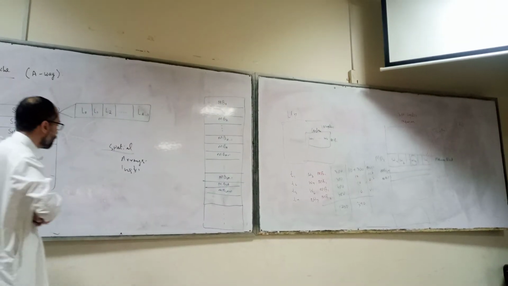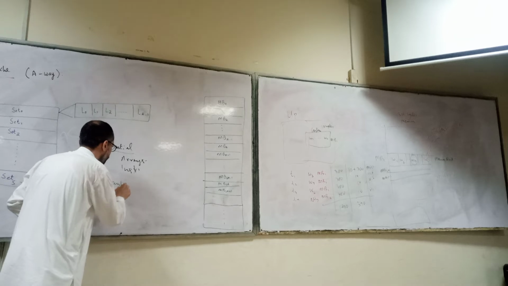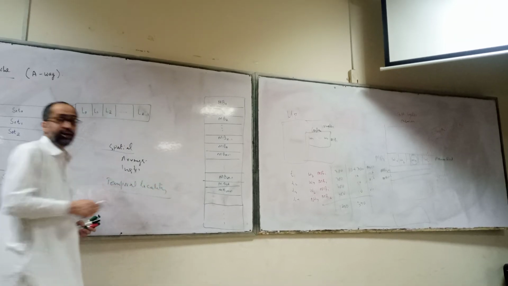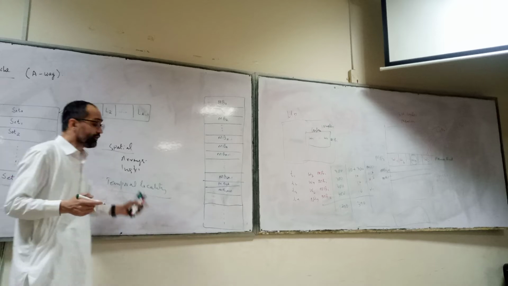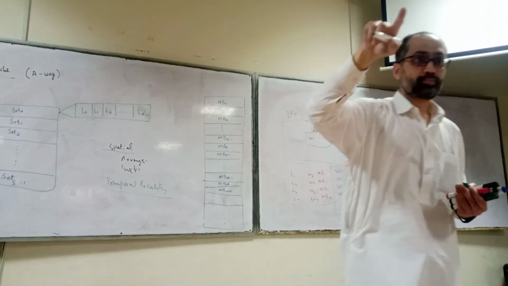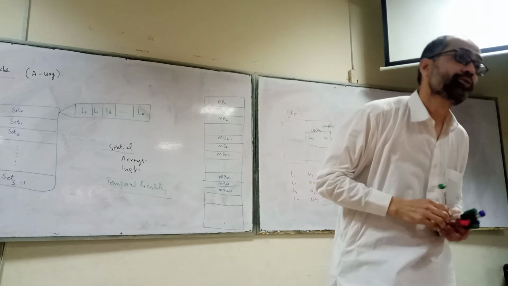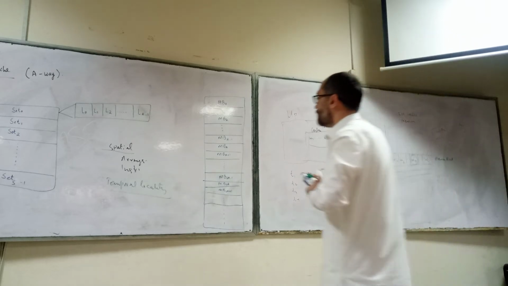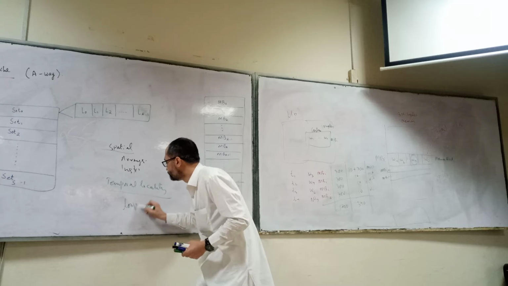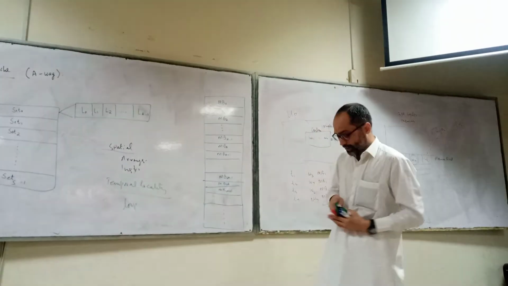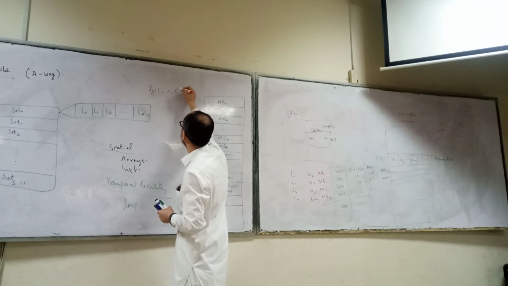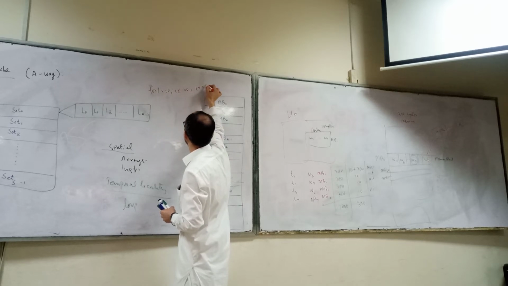Another locality is temporal locality. What does temporal locality say? That if an item is accessed now, it is highly probable that the same item will be accessed in the near future. Which property of the application program is associated? Loops. Let me explain this with an example. Let's assume we have the program statement for I equal to 0, I smaller than 100, I plus plus.